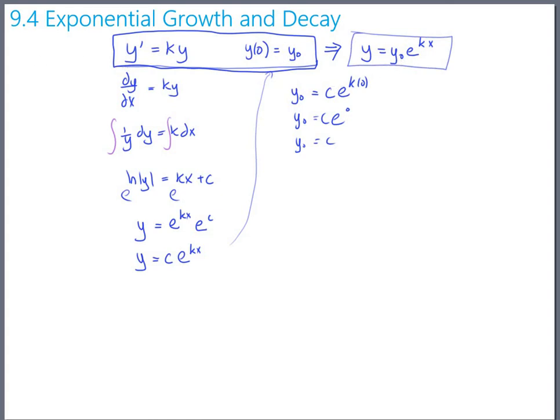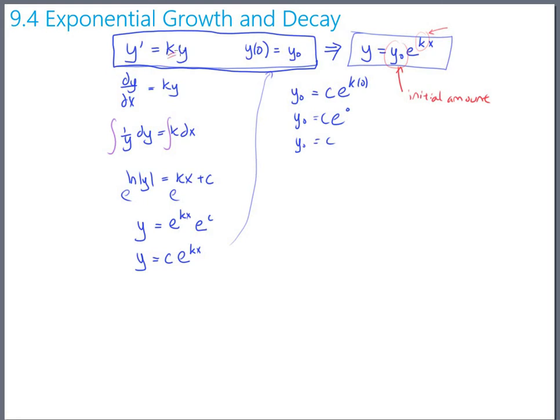And a couple things are worth pointing out here. The y0 is the initial amount. It's just the amount at time 0. And the k is that growth rate, right?